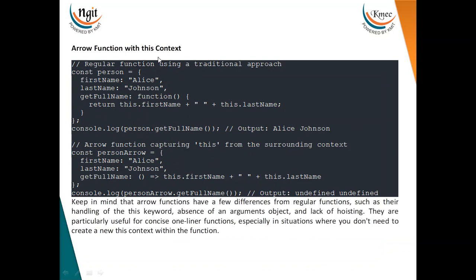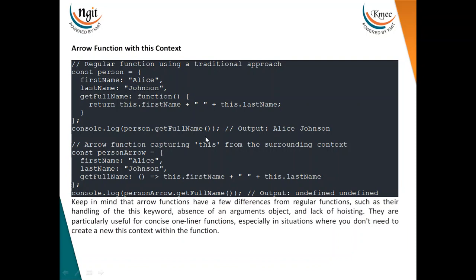Arrow function with this context: when we call it with this.lastName, this last name has been declared in the person class, where I am giving Alice as the first name and Johnson as the last name, and getFullName is a function which will give the full name, like return this.firstName from this one class, this.lastName.